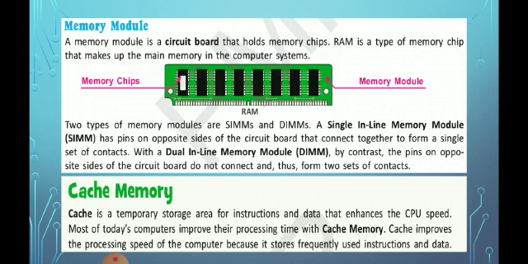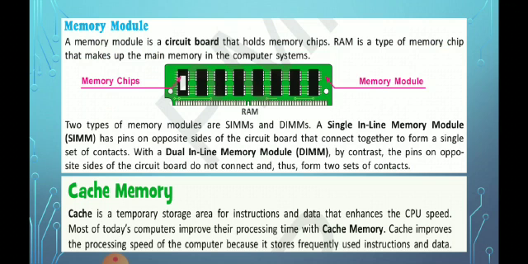It has 32 to 72 pins on the opposite sides of the circuit board, but in the dual inline memory module, DIMM, pins on the opposite sides of the circuit board do not connect and thus form two sets of contacts, and it has up to 164 pins. The number of pins in dual inline is 164.